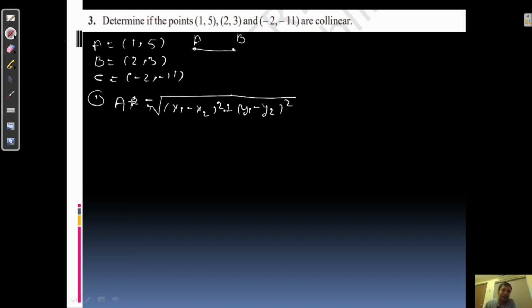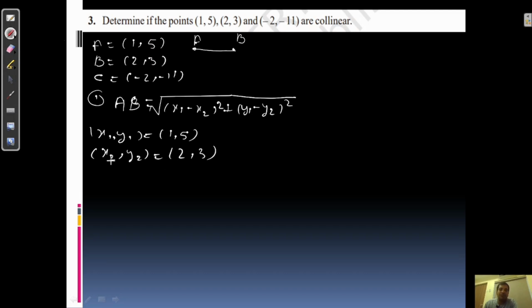Sorry, I have written A and C, I have to write A and B. So let's say our first point x1, y1, I am taking it equal to (1, 5). So now you know the value of x1 will be 1 and the value of y1 will be 5. Now I am taking x2, y2 as (2, 3).